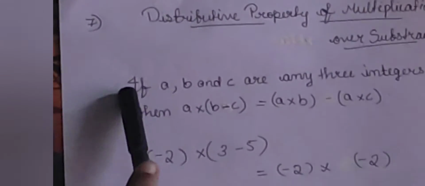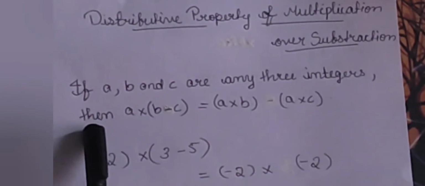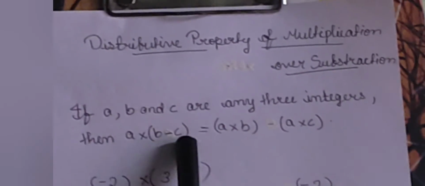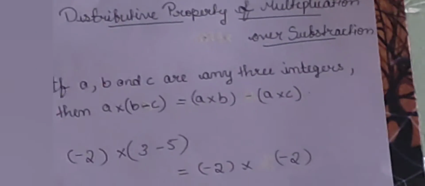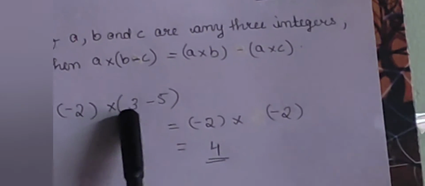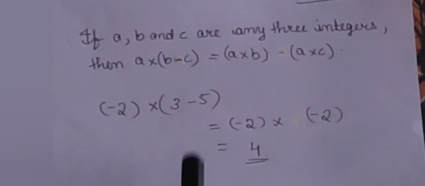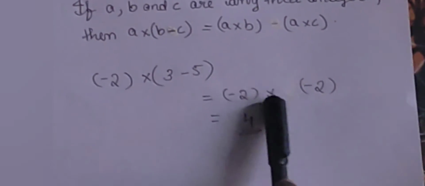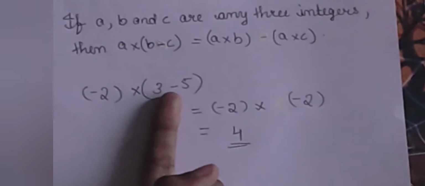Seventh, distributive property of multiplication over subtraction. If a, b and c are any three integers, then a into b minus c is equal to a into b minus a into c. For example, negative 2 into positive 3 minus positive 5 is equal to negative 2 into negative 2, because here we have subtraction.